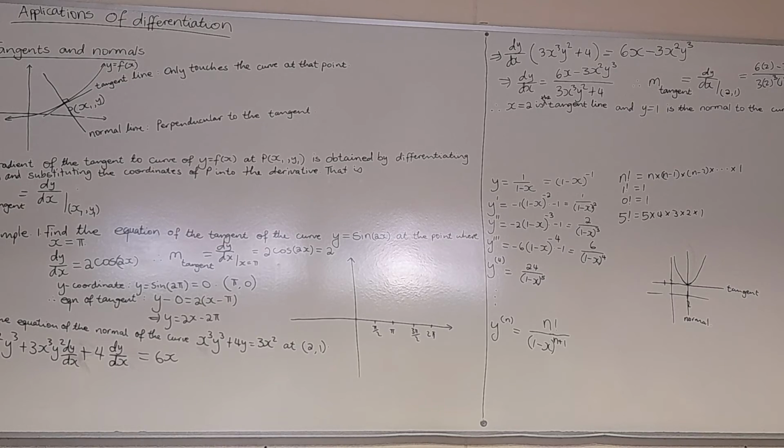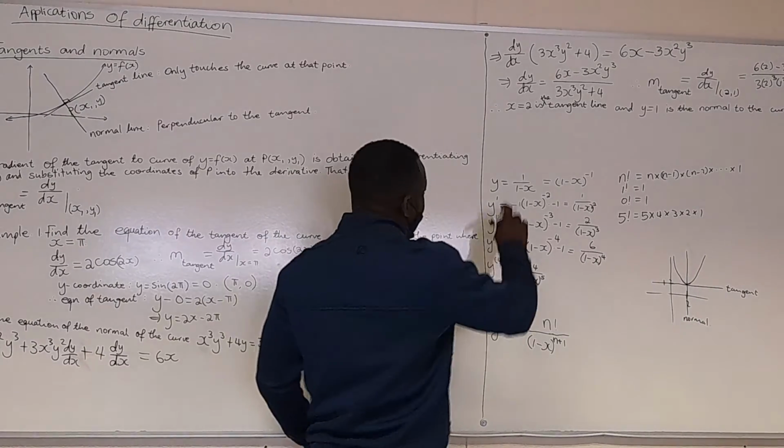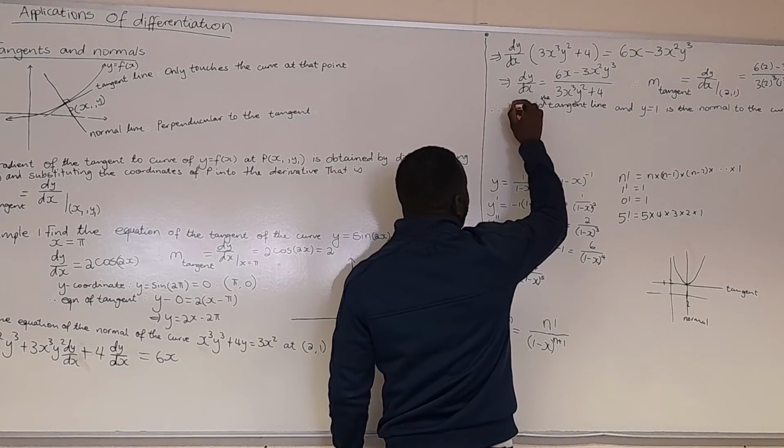The line has to go through that point (2, 1), and it is horizontal. The tangent is x... you are right. So that should be y equal to 1.